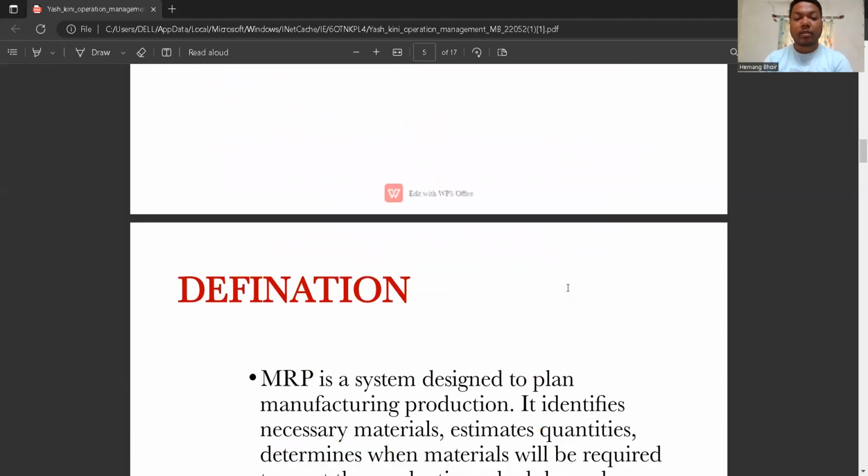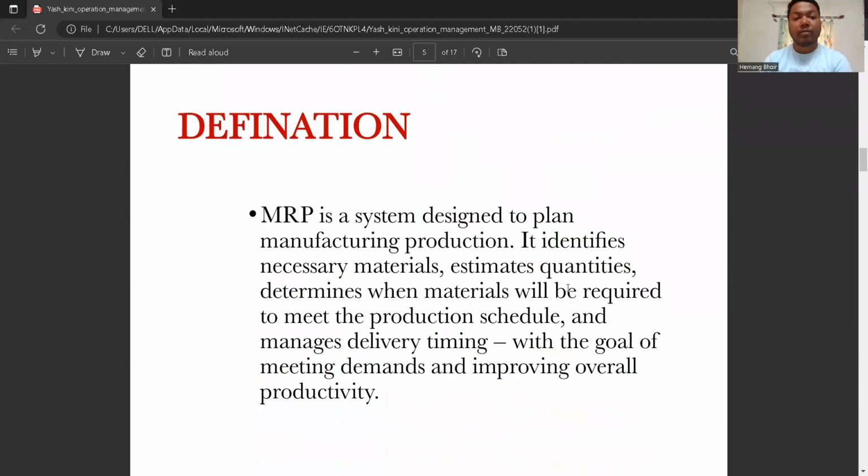So after that introduction, we can see the definition. MRP is the system designed to plan manufacturing production. It identifies necessary materials, estimates the quantities, determines when the material will be required to meet the production schedule, and manages the delivery time with the goal of meeting demands and improving overall productivity.